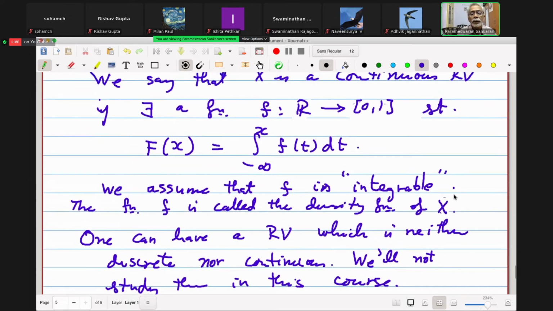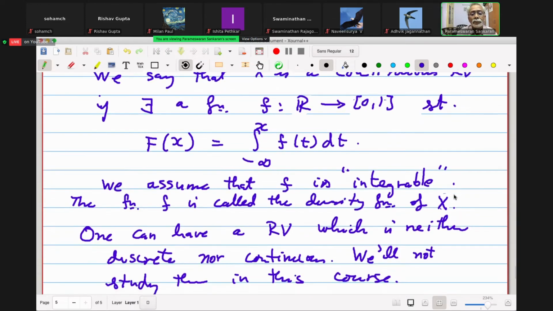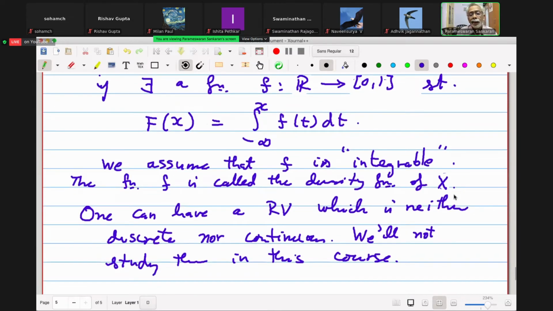Let me say the following thing here. Let's just assume for the time being that f of x is a continuous function, little f. But I may change the value of f at finitely many points, and the value of the integral doesn't change. You all know that, right? And that's why this density function may not be unique, but as an element of something, it is unique.